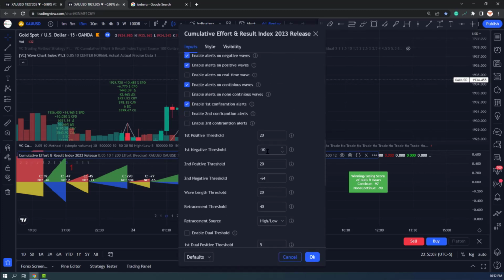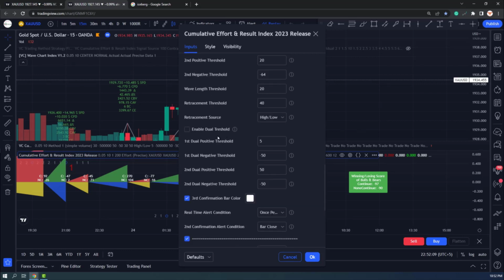Just similarly, the first positive threshold, the second positive threshold, we have here first dual positive threshold, first dual negative threshold, second dual positive threshold, and second dual negative threshold. It's quite self-explanatory.